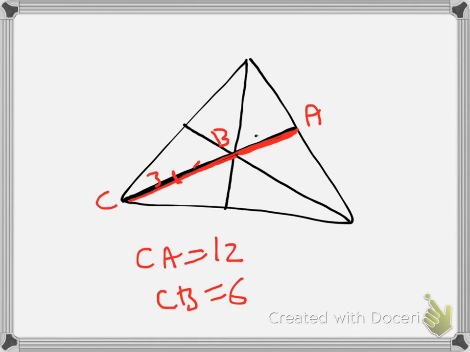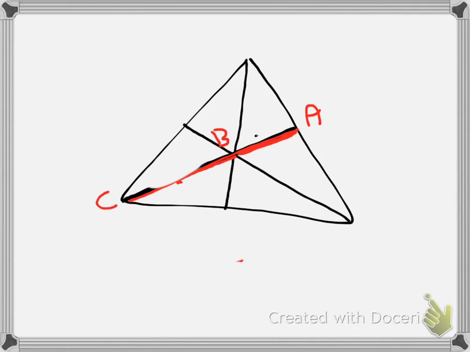Like I said, they could give you, let's say this part was 8. Well, if that longer section is 8, then that's a 4 and a 4, which means this section is 4. And then you could find A to B, or you could find C to A. I think that was all your circled ones. So I hope that helps.